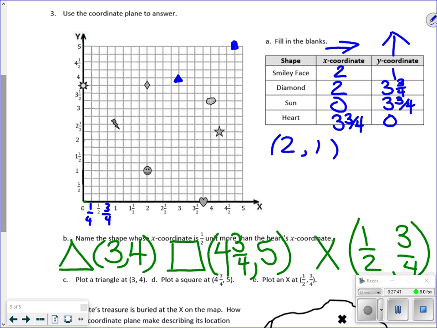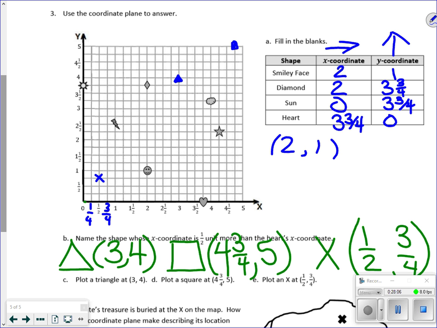Okay. And I don't know about y'all, but I had a lot of people this morning miss this one. They put that X in the wrong spot. 1/2 and 3/4. Is there anything in front of that 3/4 like a whole number? No. Over 1/2, up 3/4, right there.